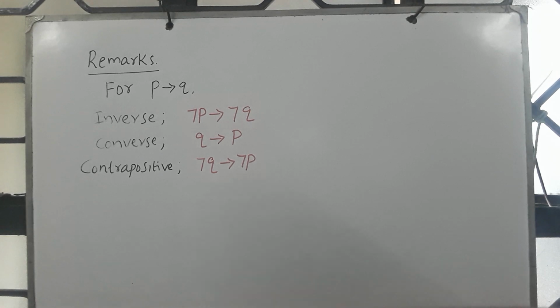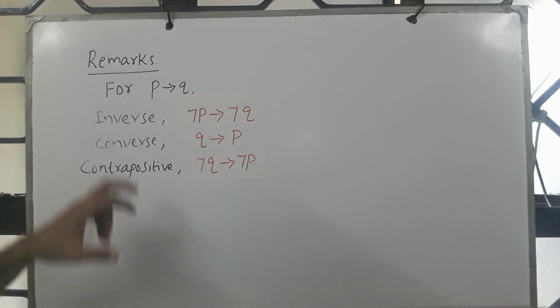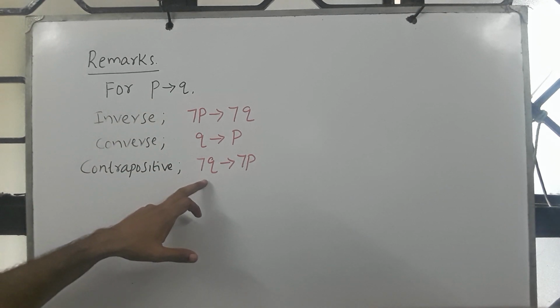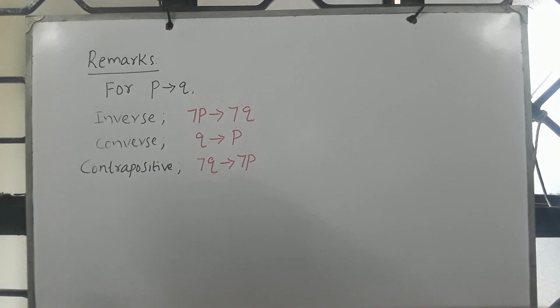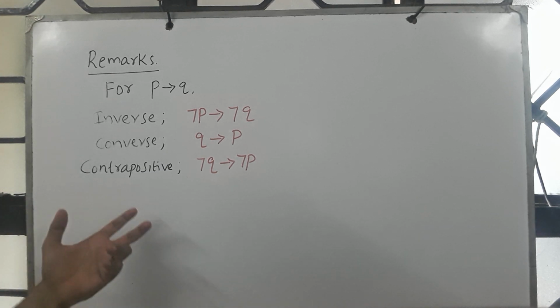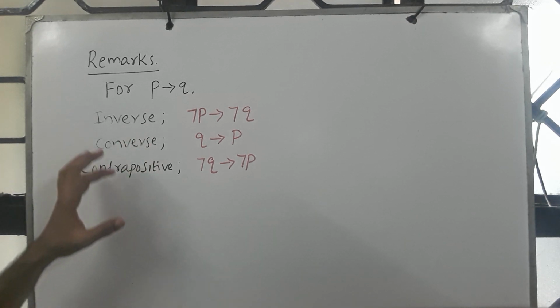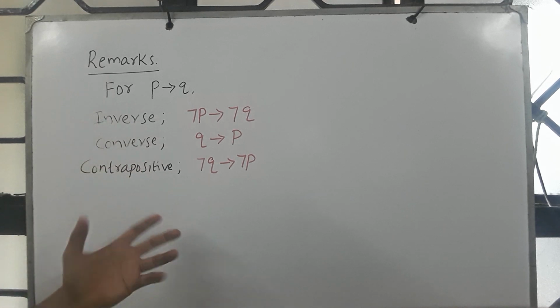So interestingly, P imply Q and contrapositive negation Q imply negation P, they are equivalent irrespective of P and Q, irrespective of the instantiation of P and Q. And the other two depends on the context.